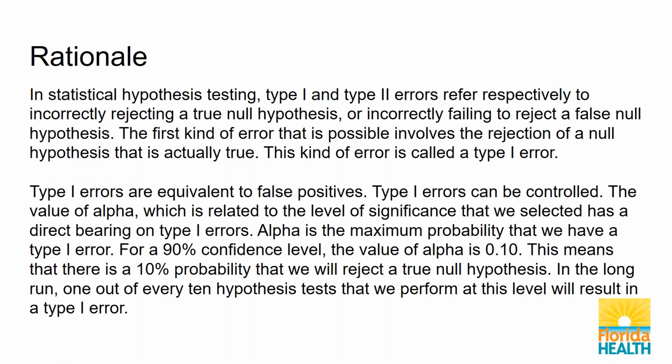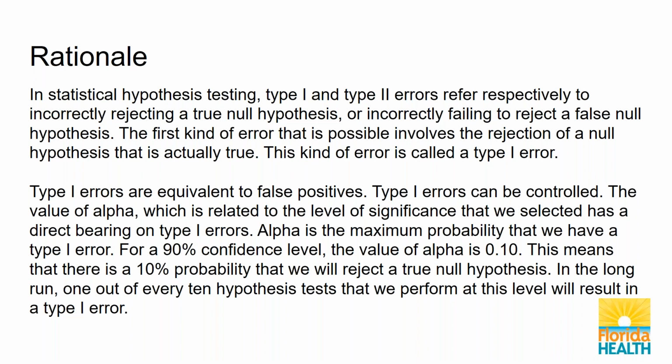In statistical hypothesis testing, type 1 and type 2 errors refer respectively to incorrectly rejecting a true null hypothesis or incorrectly failing to reject a false null hypothesis. The first kind of error that is possible involves the rejection of a null hypothesis that is actually true. This kind of error is a type 1 error. Type 1 errors are equivalent to false positives. Type 1 errors can be controlled.